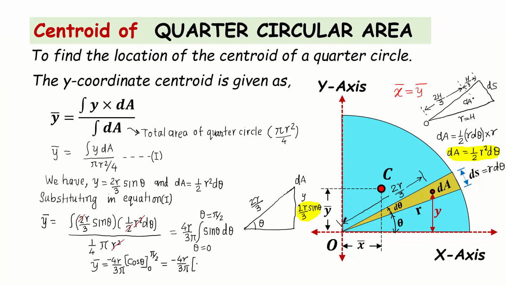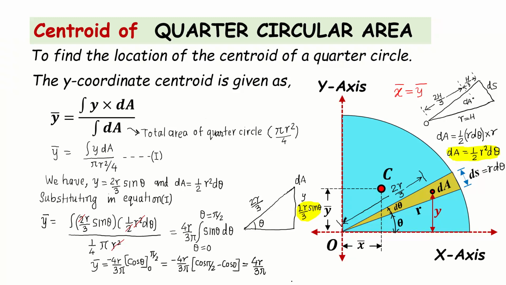Now cos pi by 2, because the upper limit is pi by 2, minus cos 0, because the lower limit is 0. Cos pi by 2 is 0 and cos 0 is 1, so it is going to be minus 1. If you simplify this, it is going to be minus 4r by 3 pi into minus 1, that is 4r by 3 pi.